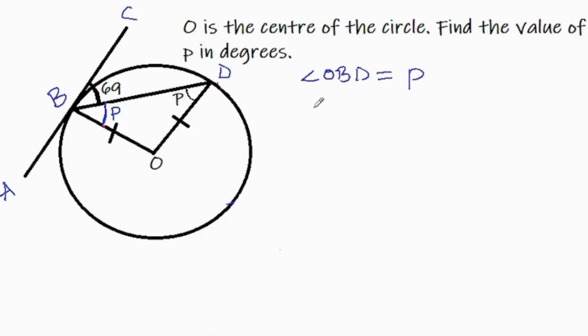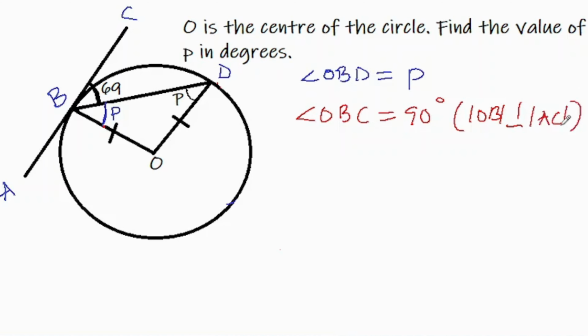So angle OBC is equal to 90 degrees, and that's because line OB is perpendicular to line AC. All right, that's very good.